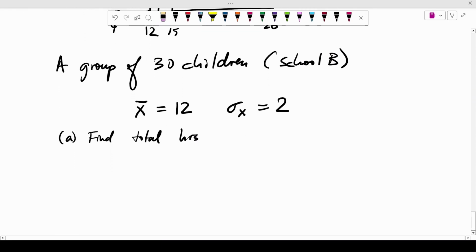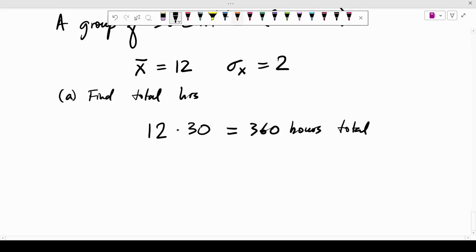Well, if we have 30 children and on average they played for 12 hours each, then we can simply multiply these two values to get the total amount. And so we have 360 hours total. Okay, and you can see that because if you have 360 hours total divided by the number of children, then you get your average of 12, which is what we started out with.